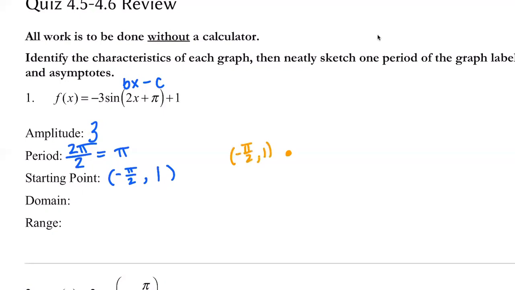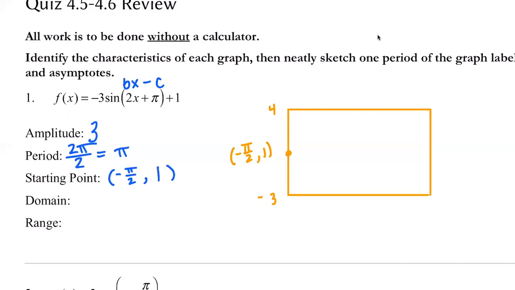I am going to go up A to 4, down A to -3, and then we will draw our frame. Sorry, that was not straight and that was better.